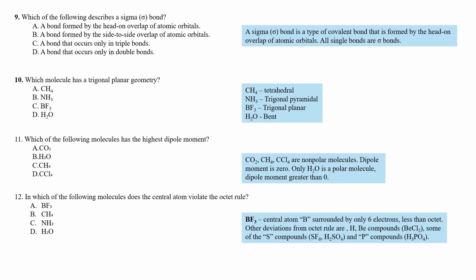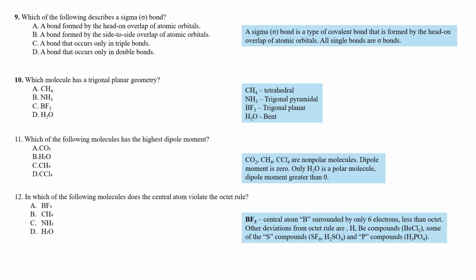The other is that beryllium and boron compounds violate the octet rule; they can hold less than 8 electrons. And in the 3D series, phosphorus and sulfur are other examples. Some phosphorus and sulfur compounds can hold more than 8 electrons in the presence of their d electrons. Therefore, they violate the octet rule.